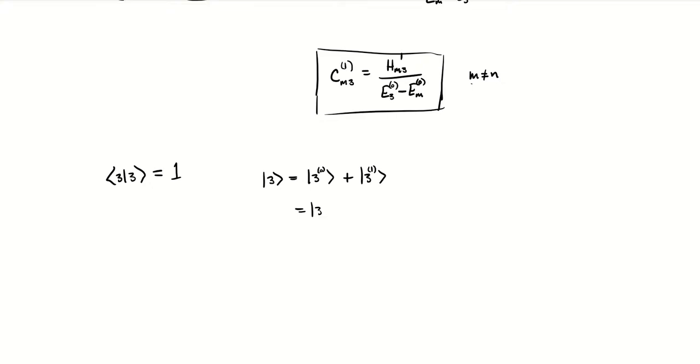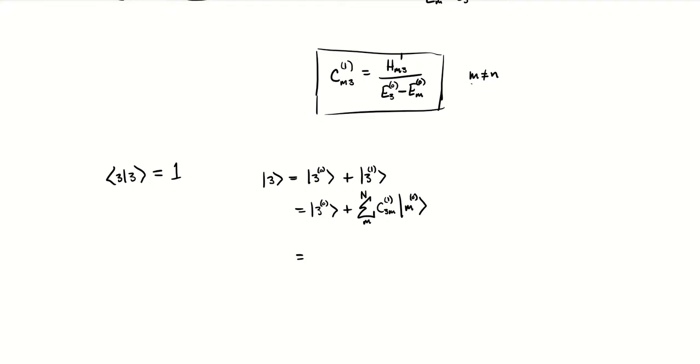And that first order correction can be written in terms of our unperturbed states as basis. So this is the sum over all m of C_3m, the first order coefficients, times that mth unperturbed eigenstate, right?